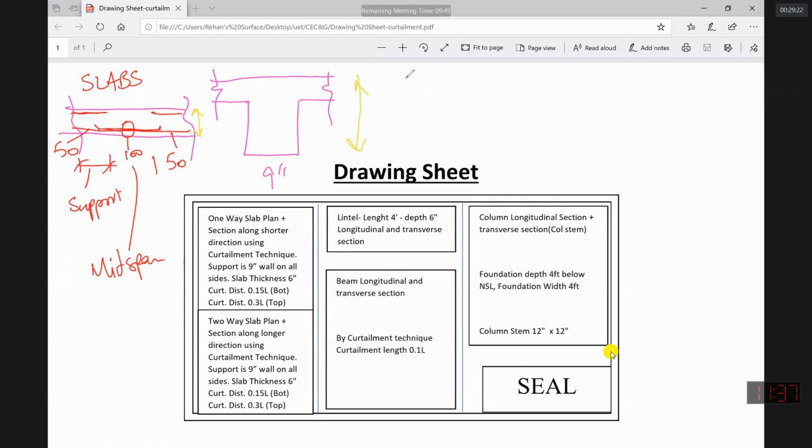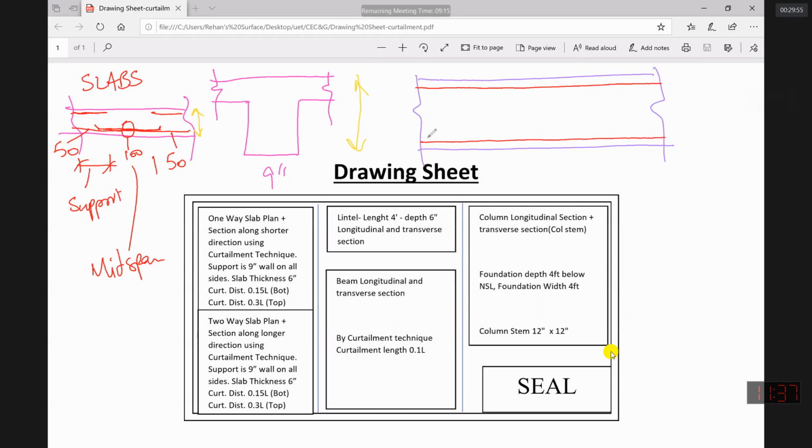If I draw the longitudinal section of a beam, then you would see that the negative bars as well as positive bars would run throughout. Okay.